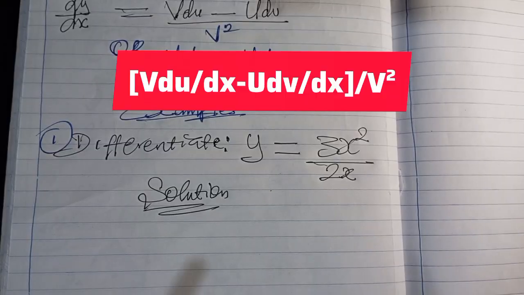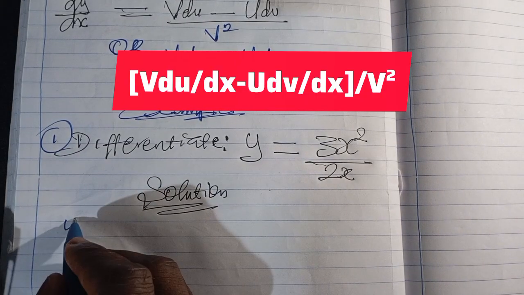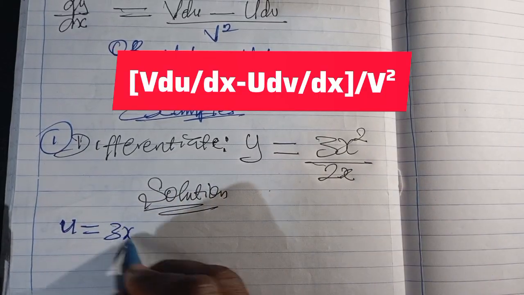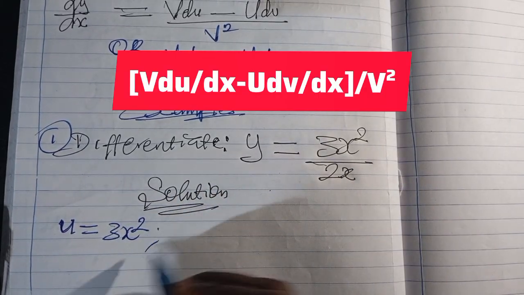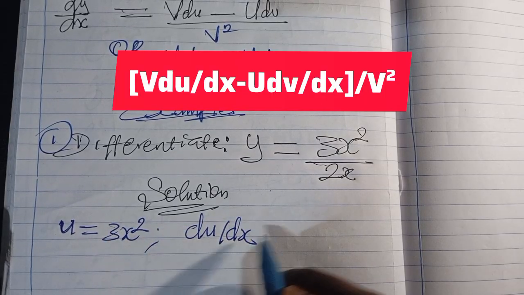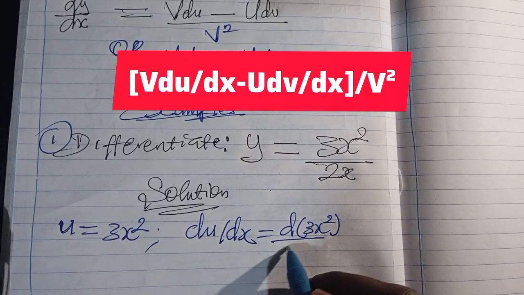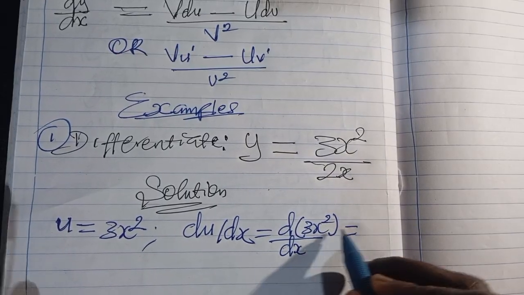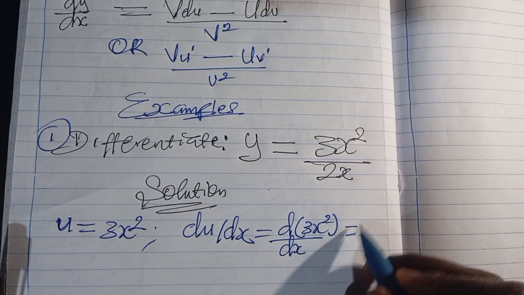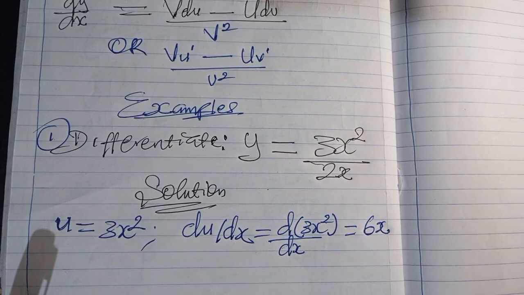First, identify your u and v. u is equal to the numerator, which is 3x raised to power 2. So du/dx, differentiating this, gives us 2 times 3x raised to power 2 minus 1 via formula, so you have 6x.